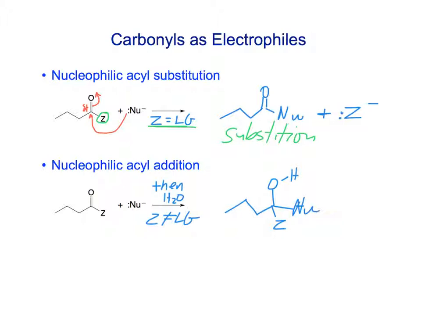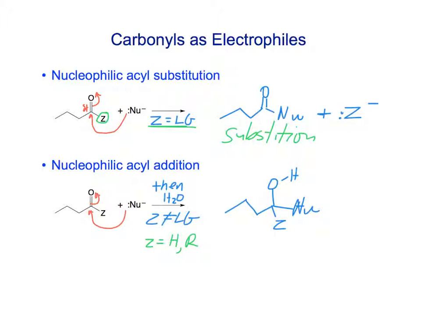If that Z group cannot behave as a leaving group, so essentially if Z is H or alkyl, so aldehydes and ketones, then the nucleophile adds, but because we have no leaving group, nothing else can happen.